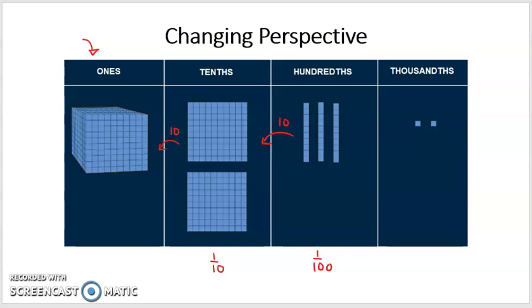And lastly, there are 10 units in a long, 10 longs in a flat, 10 flats in a cube. So each little unit is 1/1000th of the whole. So the cube represents the ones, the flat represents the tenths, the long represents the hundredths, and the unit represents the thousandths.